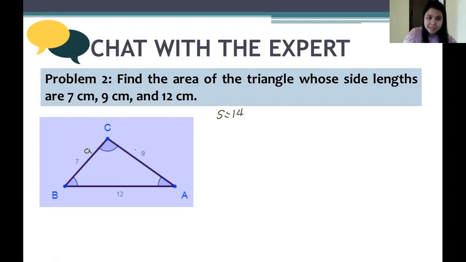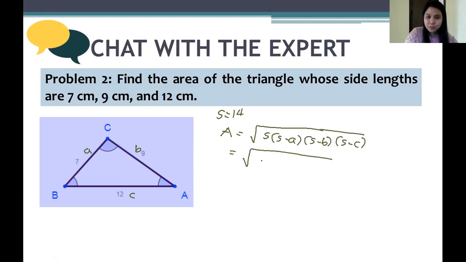A, B, and C. You could name any. A is equal to square root of S times S minus A times S minus B times S minus C. That's 14. 14 minus 7. 14 minus 9. 14 minus 12.